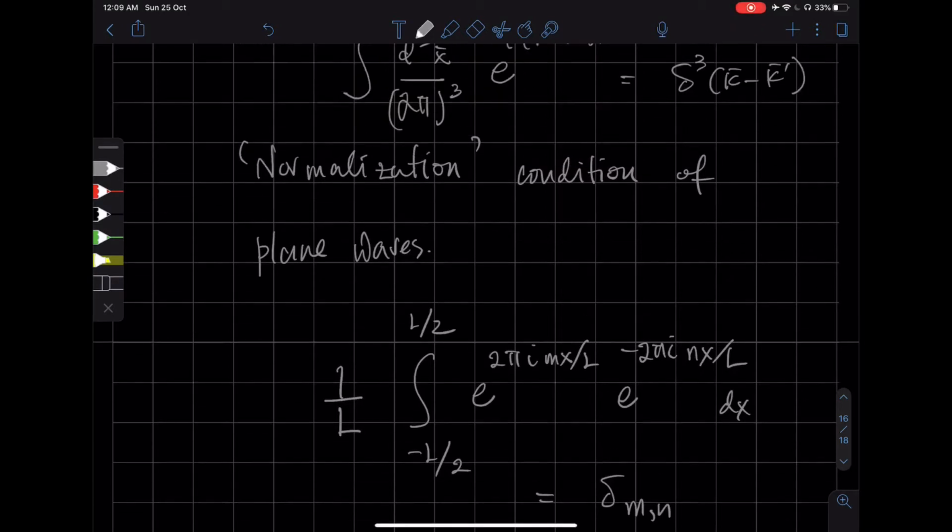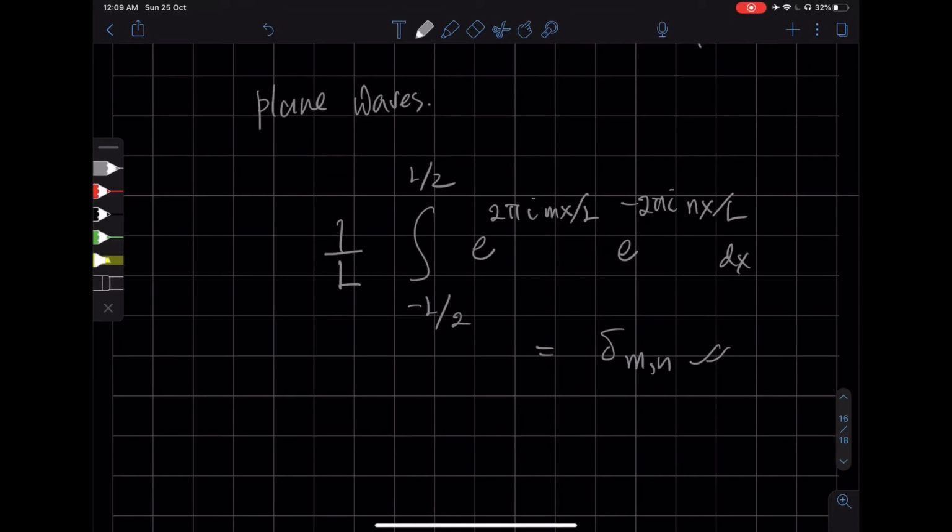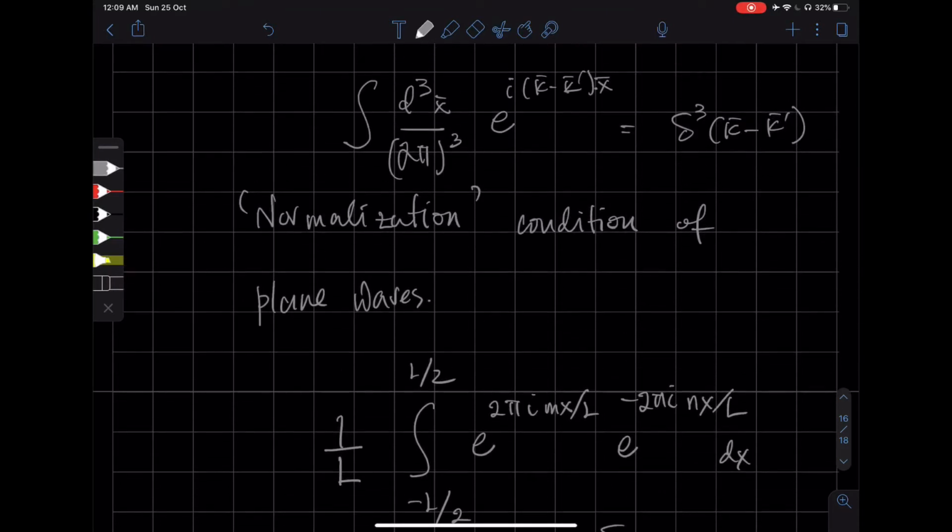So this is just the continuous version of it. Here, m and n are modes, and here k and k prime are continuous modes, or they can also be thought of as momentum.